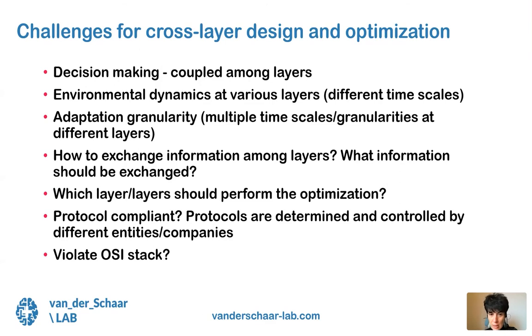What type of information exchange do we need across the different layers, and how to optimize this effectively across time, and how to do that in a way which remains protocol compliant, because the different layers of the protocol stack require different agreements between different entities, but also potentially different companies, because in a transceiver, we have multiple companies potentially implementing different layers of the protocol stack, and hence they need to agree with each other how to exchange information in order not to violate the OSI stack and optimize the performance of this transceiver.